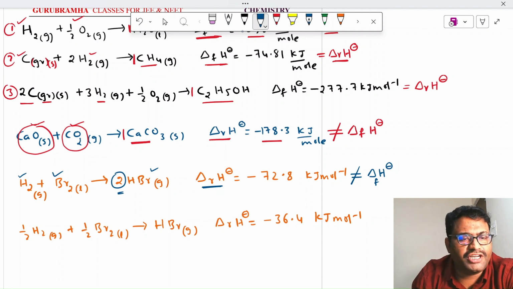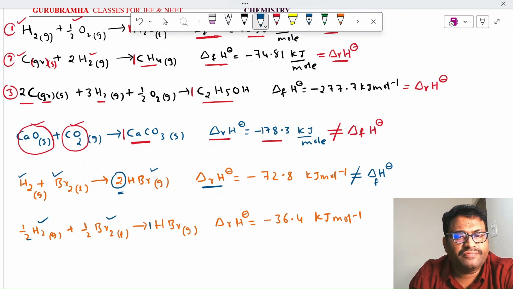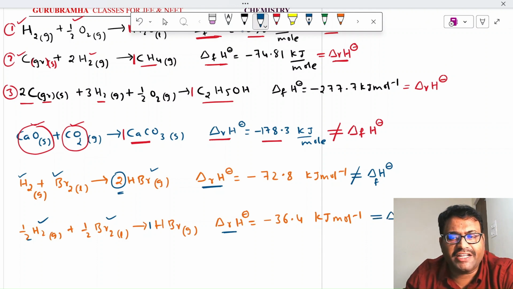If you see here, again hydrogen is present in its most stable state, elemental form. Bromine is present in its most stable state, liquid form, and only 1 mole of the compound is formed. Now the standard enthalpy of reaction can be called the standard enthalpy of formation.